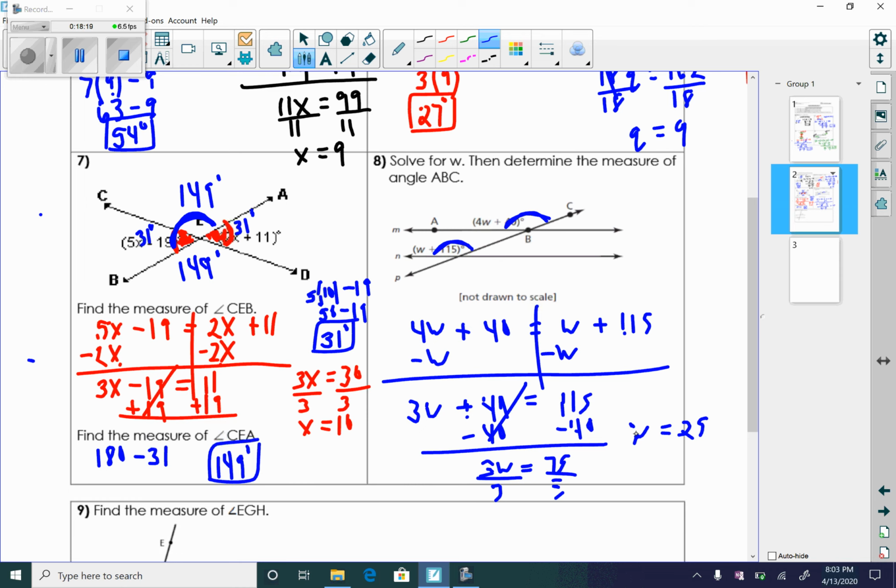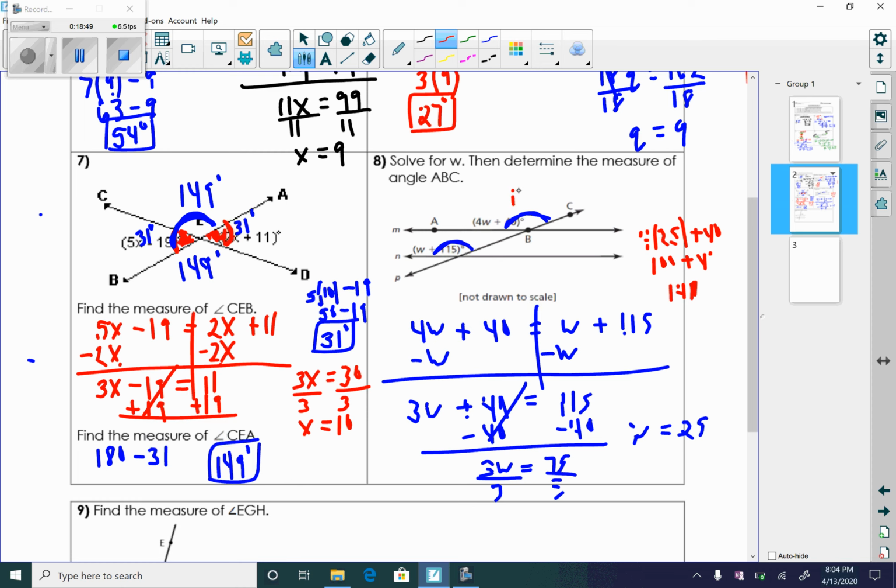Okay. Now that's not the end of the question. They asked me for ABC. So I'm going to go ahead and take that 25 and plug it in for W. So I'm going to do 4 times 25 plus 40, is 100 plus 40, which is 140 degrees.